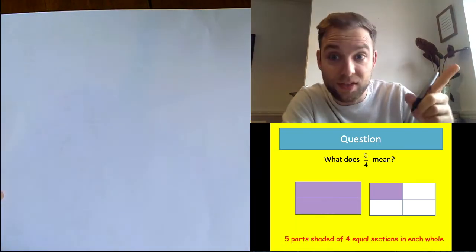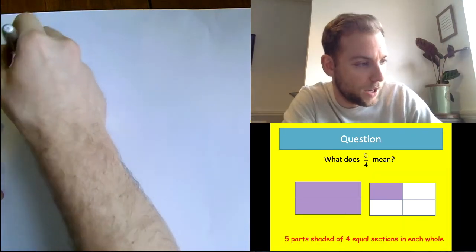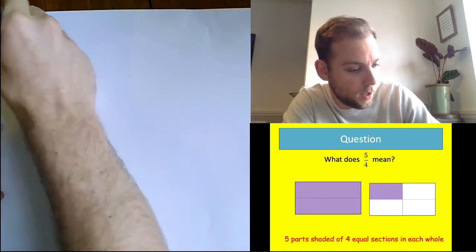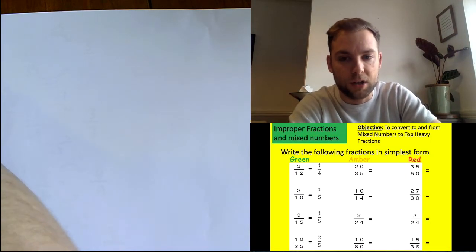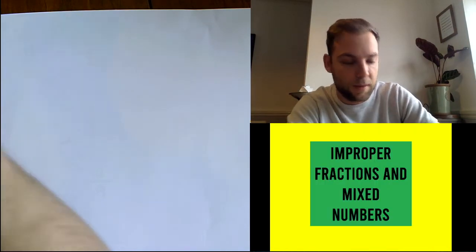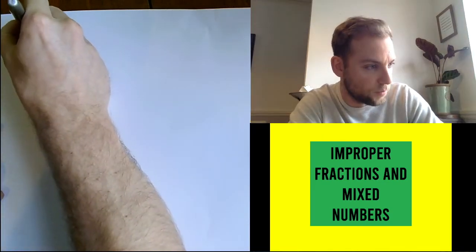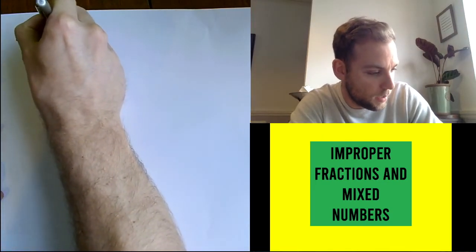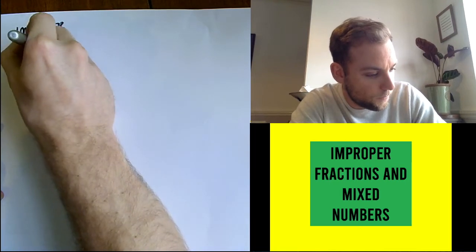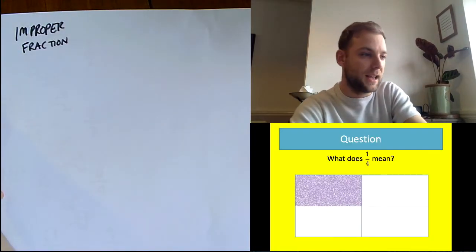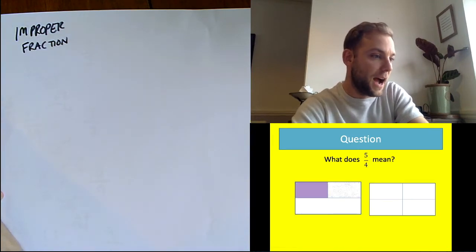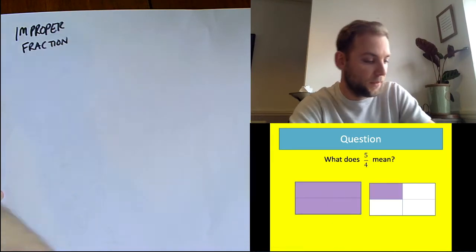So if I want to write this one here as an improper fraction, let me just make sure I'm spelling this right, improper fraction. If I want to write this as an improper fraction, then I can write that as 5/4.